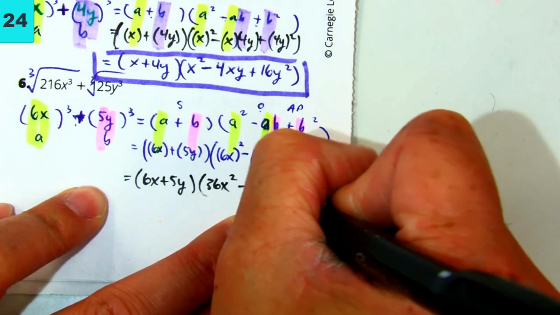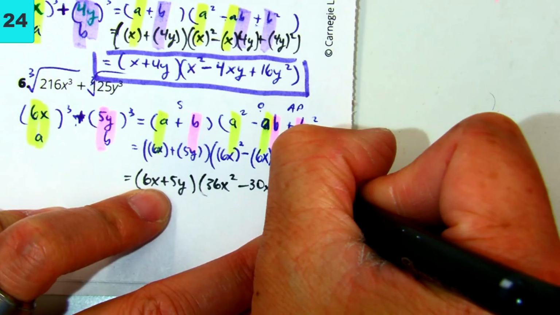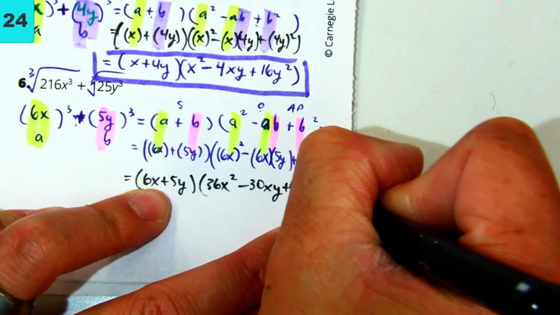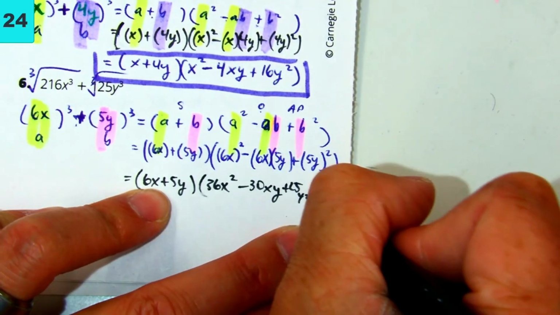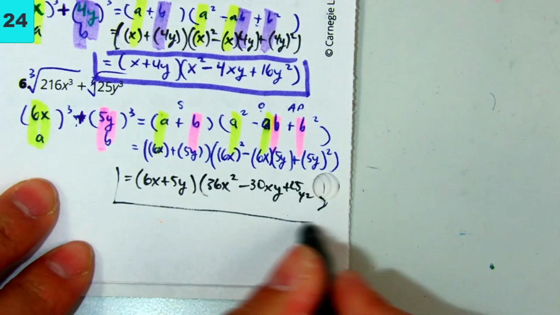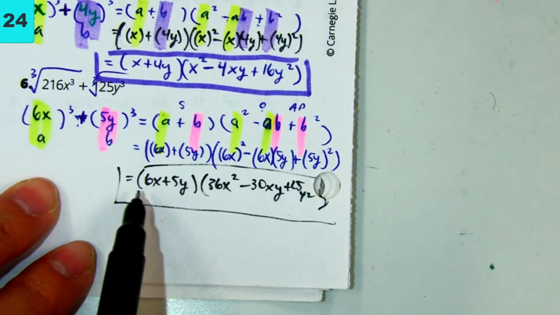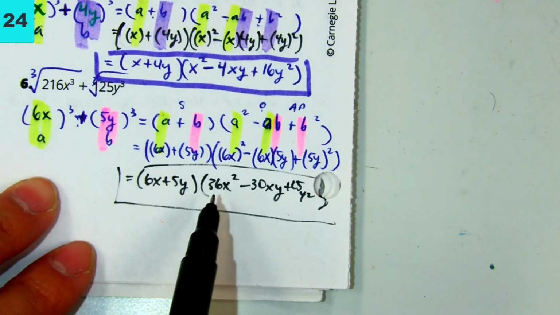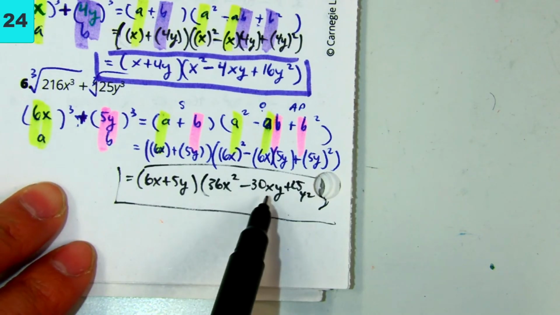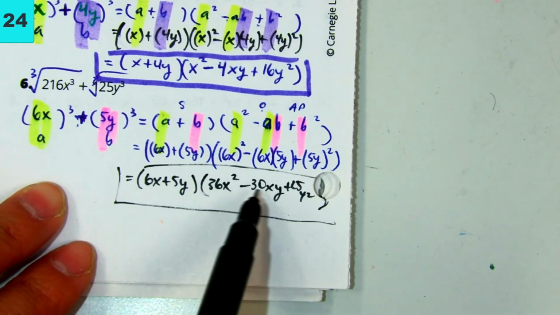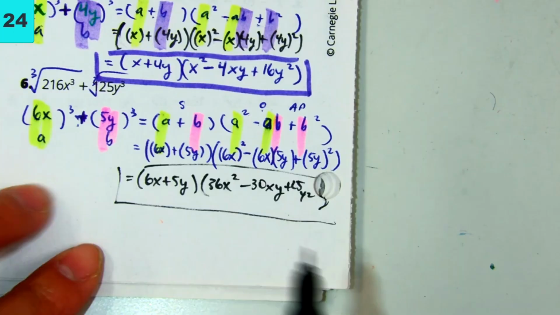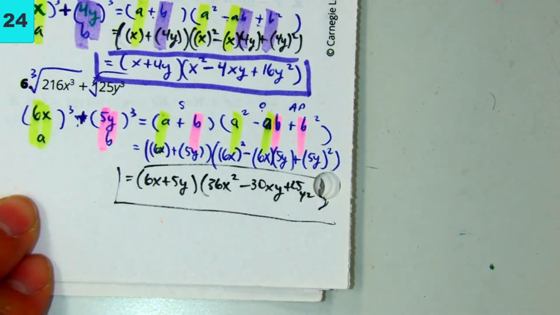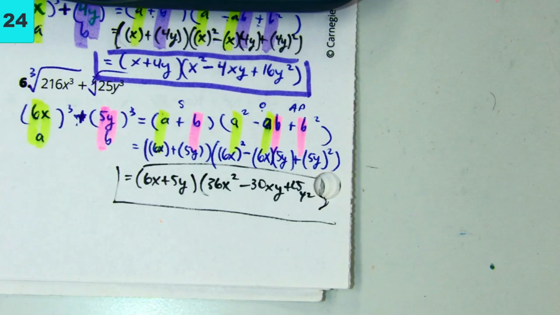Plus 25y. Good. Six x plus 5y times 36x squared minus 30xy plus 25y squared. And that's your answer. Raise your hand if you got that.